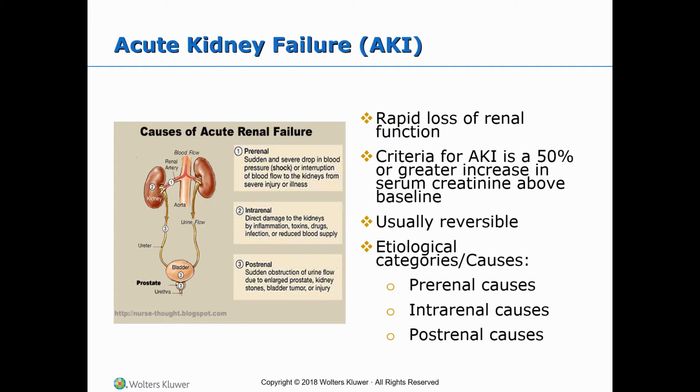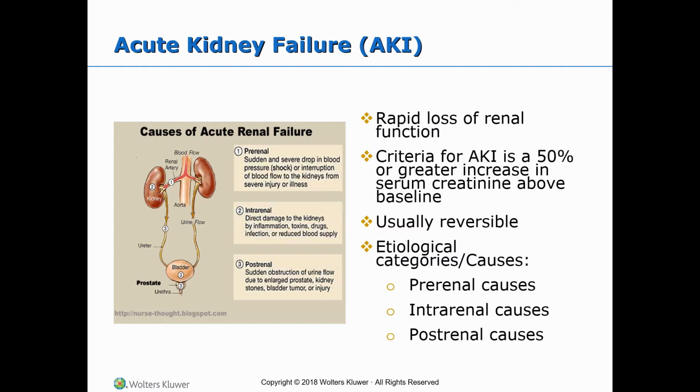The etiological categories or causes are three: pre-renal, intrinsic or intrarenal, and post-renal causes. Pre-renal causes, or in other words, causes related to outside the renal system, are the most common of the three and is the result of impaired blood flow leading to hypoperfusion of the kidneys.